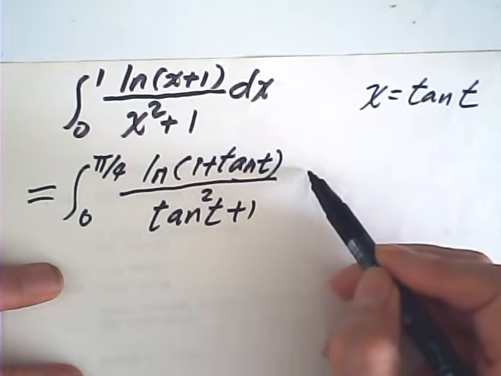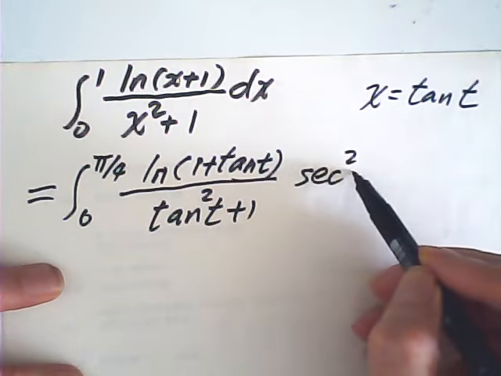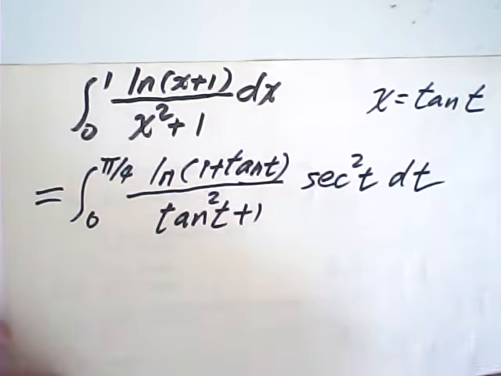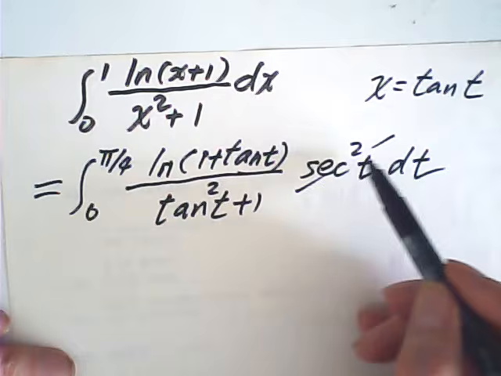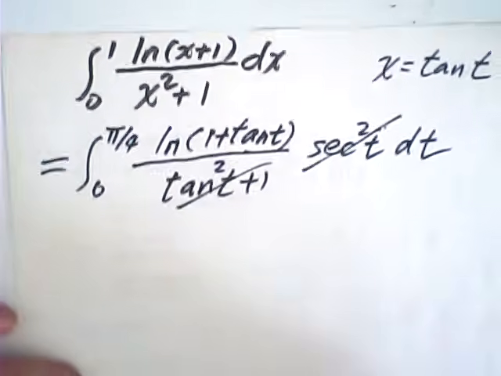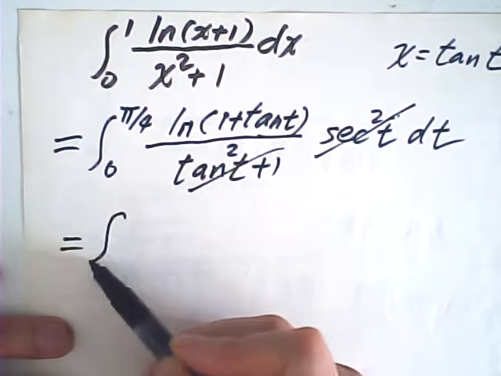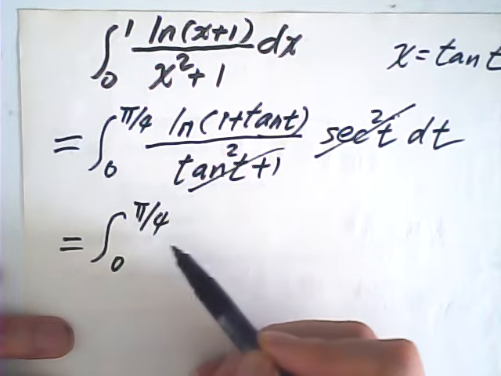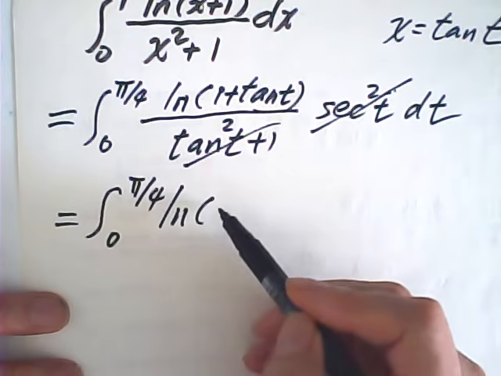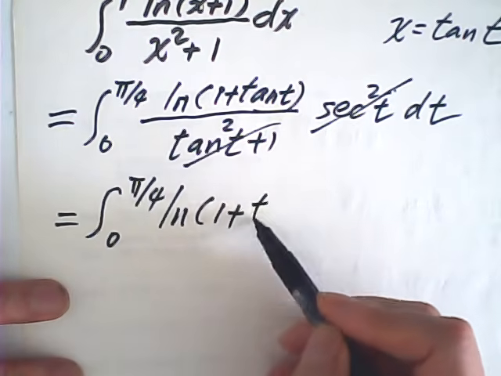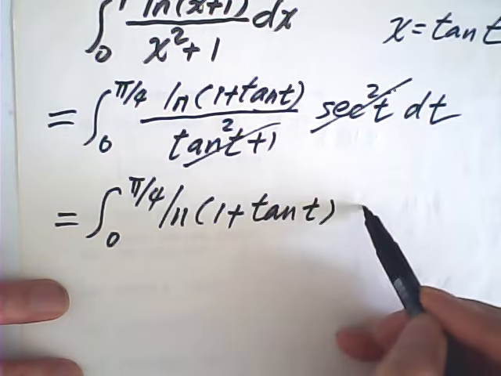Dx would be secant square t dt, which cancels with this one, and then you get the integral from 0 to quarter pi of natural log 1 plus tangent t dt.